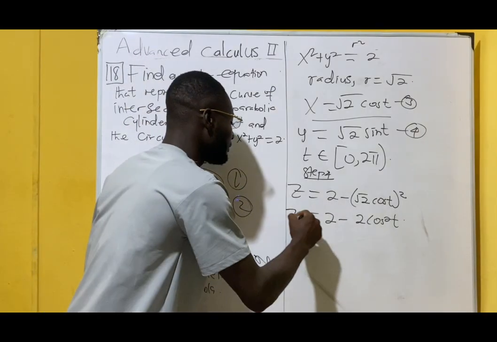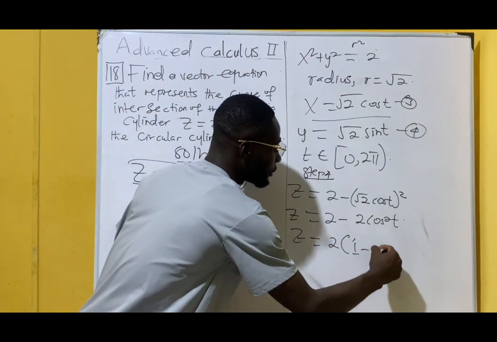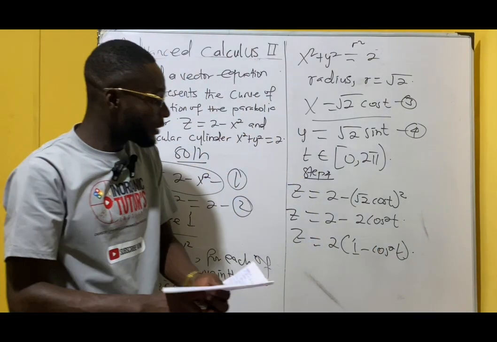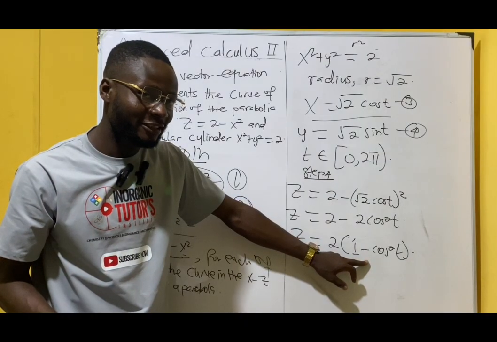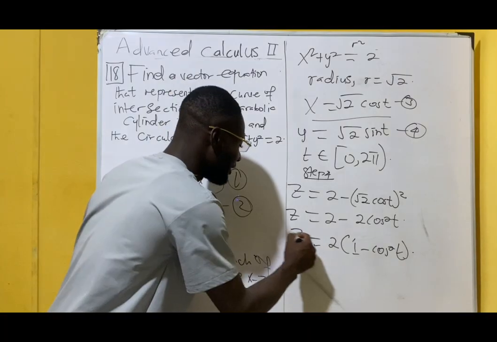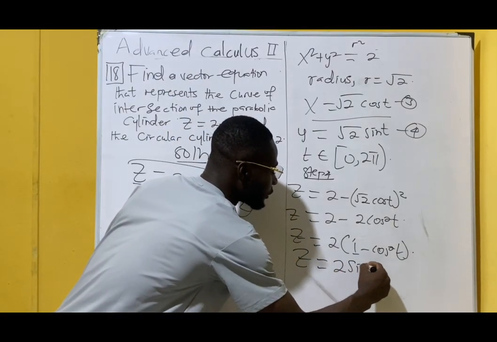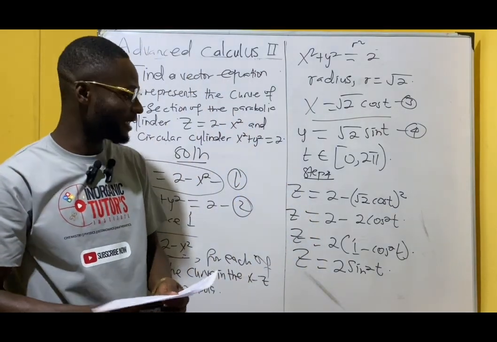So we have z equals 2 times 1 minus cos squared t. Don't forget that 1 minus cos squared t represents sine squared t. So our z is equal to 2 sine squared t. That is beautiful, right?